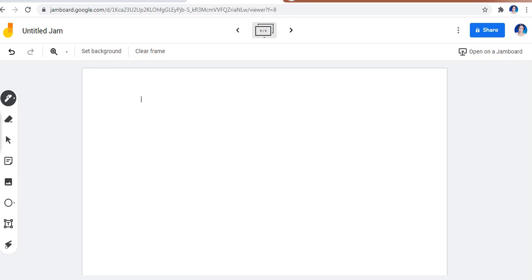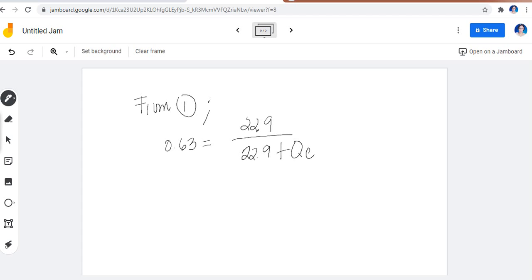From our equation 1 in the previous two slides, you have 0.63 being equal to the one that we just solved, the 22.9, plus the latent heat transfer.